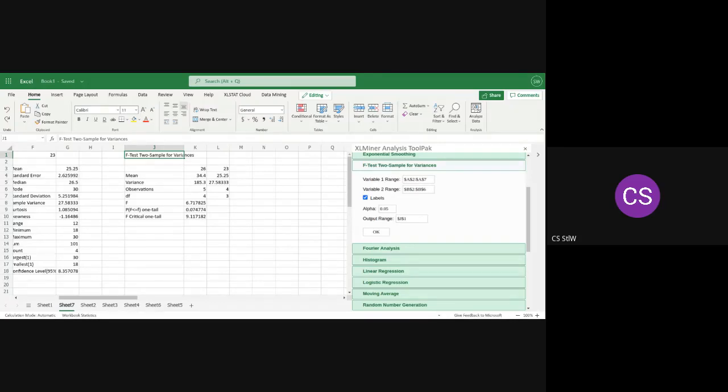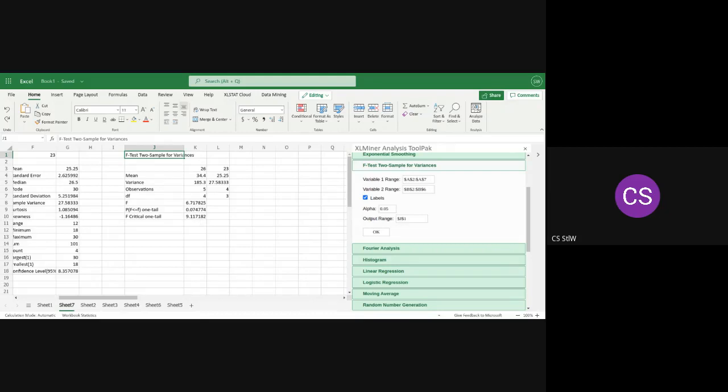Then we have F being 6.717825. Manually you get it by dividing 185.3 by 27.58. Then the P value, which can be read from the table, and then the critical one tail.